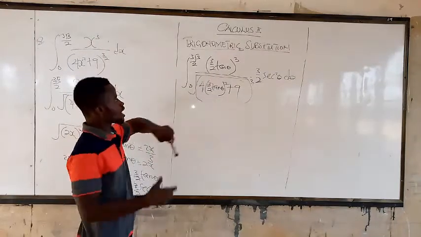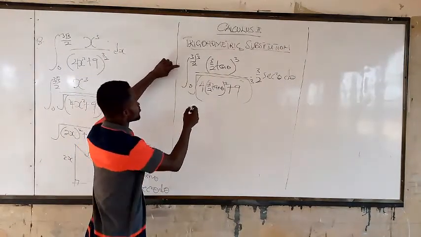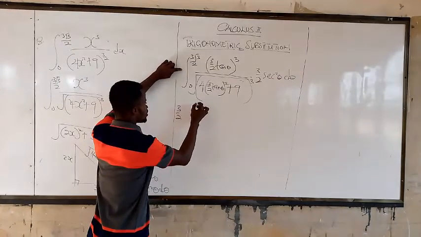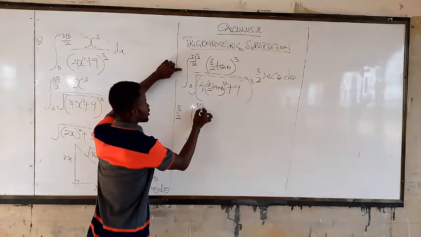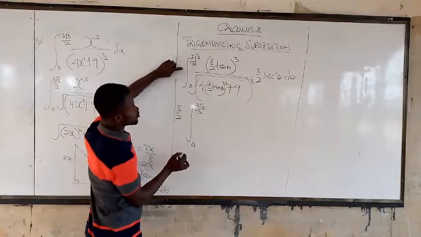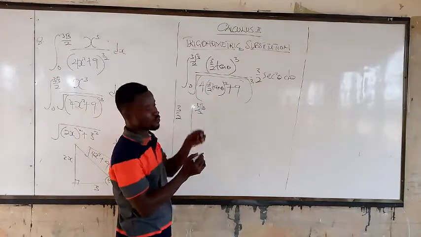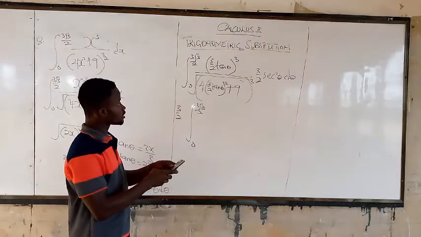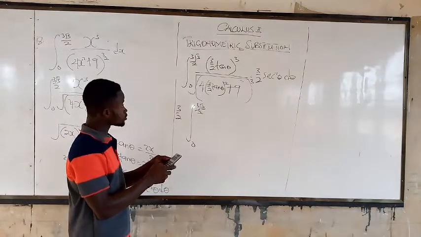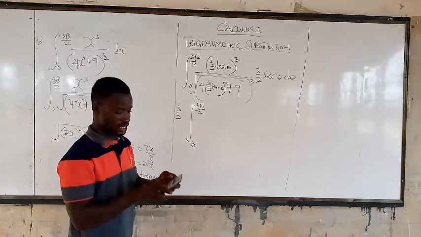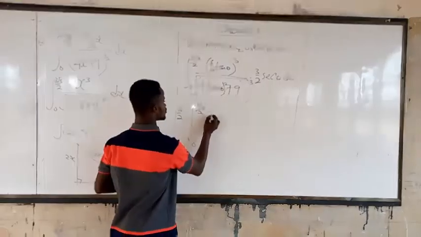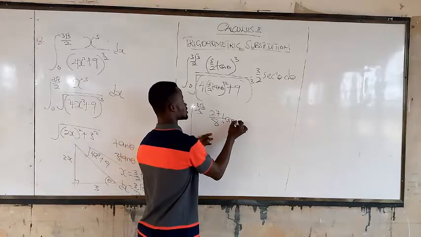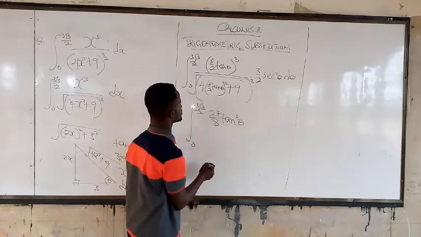So now let's continue. The constants we have here is 3 over 2, then the integral from 0 to 3 square root of 3 over 2. Now when you cube the 3 over 2, what will you get? 3 over 2 all to the power 3, we get 27 over 8, 27 over 8 tan cubed theta.